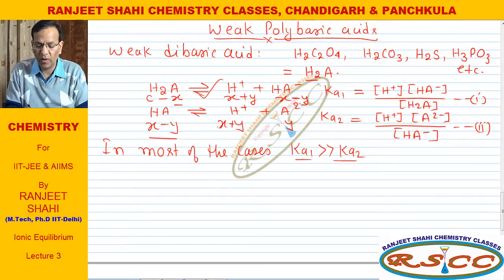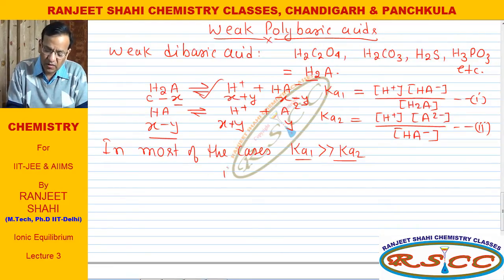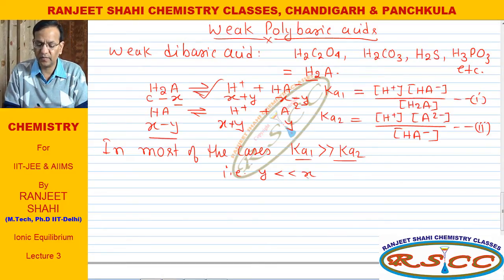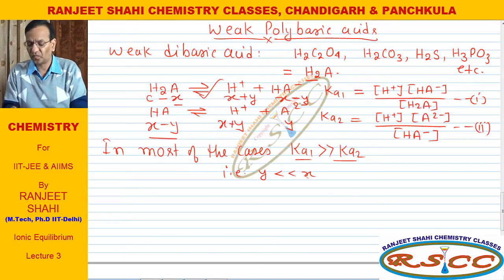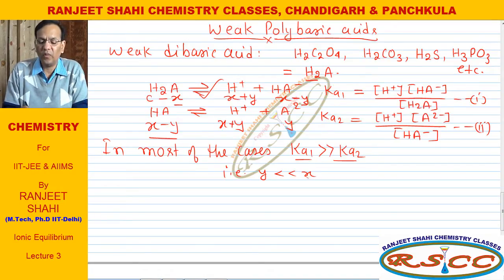Second equilibrium will not contribute significantly to the concentration of hydrogen ion, or we can say that y will be much smaller than x. If it is the case, then for calculation we can assume it like a monobasic acid, in which second ionization is insignificant.